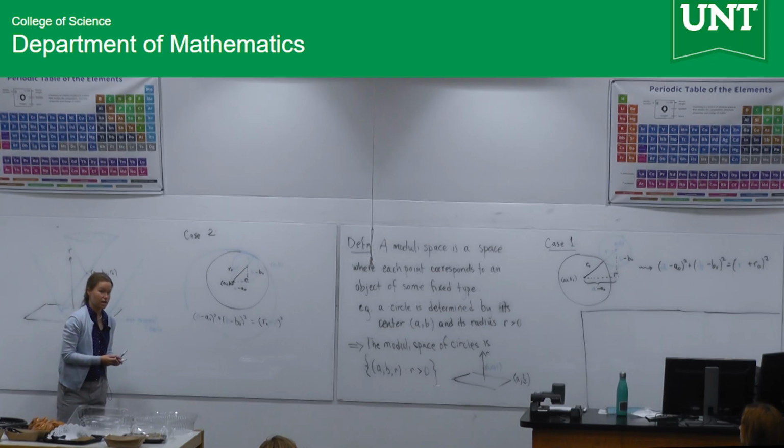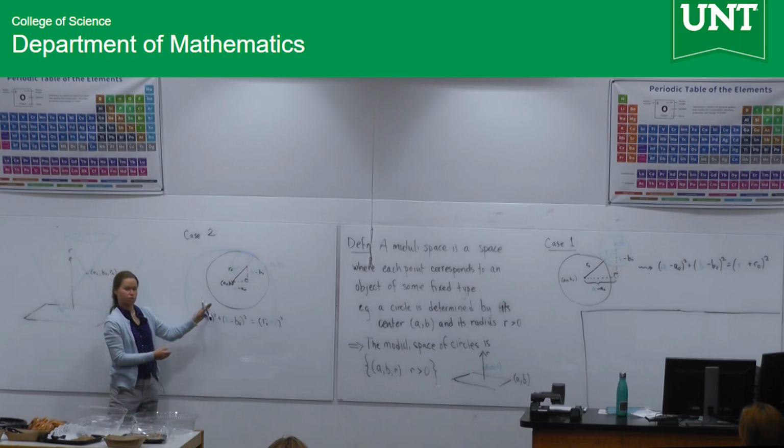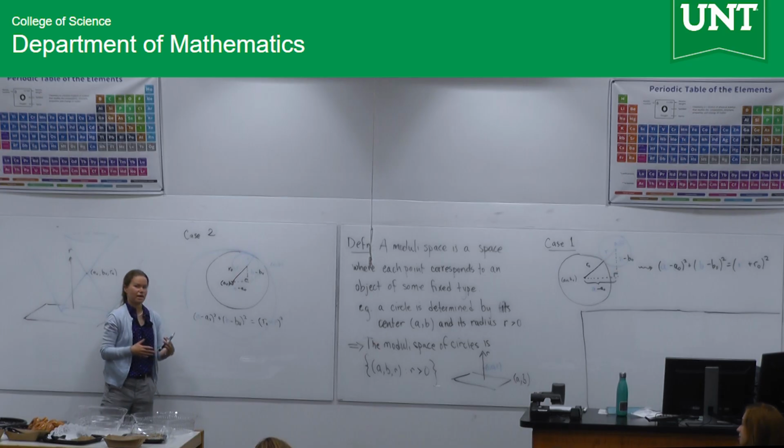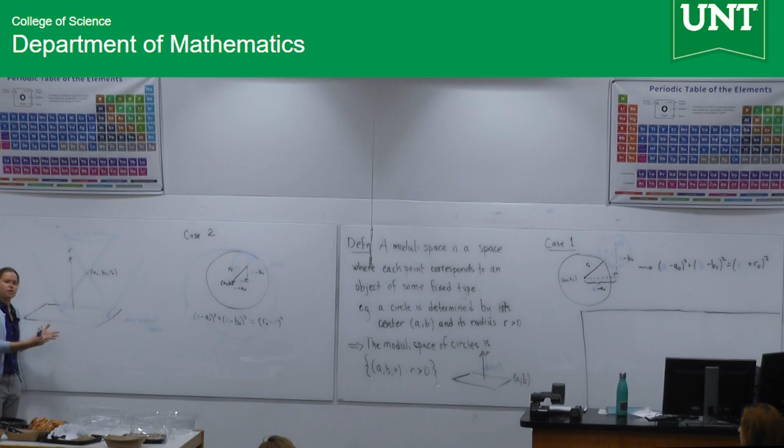Well, if you pick something different from a circle, you would get a more complicated shape, but it would again be true, and this is one of the wonderful things about algebraic geometry, that if we were looking for curves of a fixed type tangent to that fixed curve that was defined by a polynomial equation, the subset of the moduli space would also be defined by some polynomial equations.